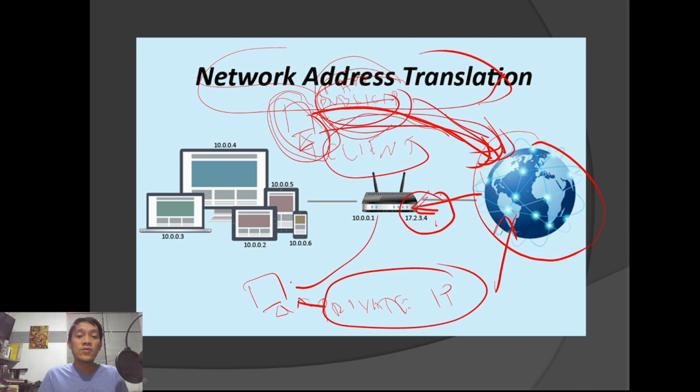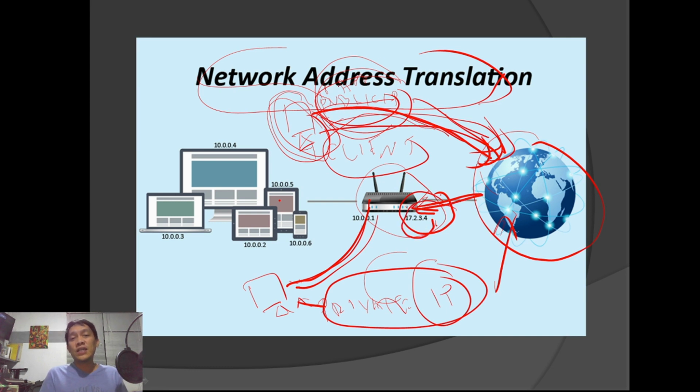Basically, you are using a private IP. Connect it here. Okay? So if you're going to use private IP without a router here, basically you cannot have service over the internet. Remember, you need to have connection to the internet. Okay? So for you to be able to have that one, you have to have a public IP. Okay? So what we're going to do is you connect the private IP to a router, and the router does have the public IP here.